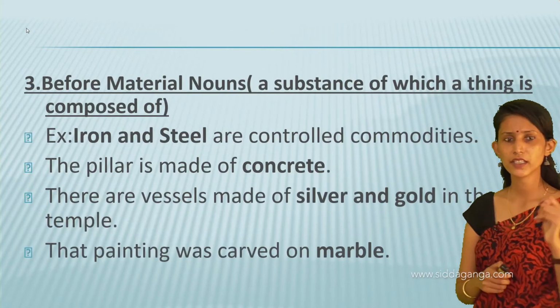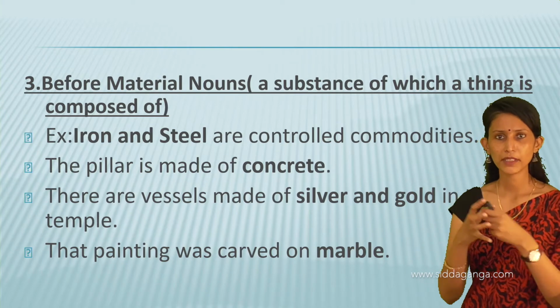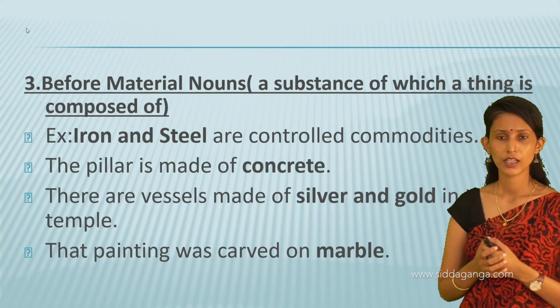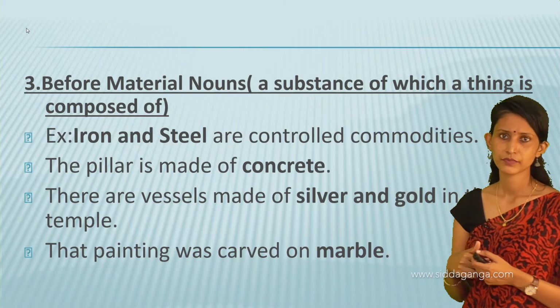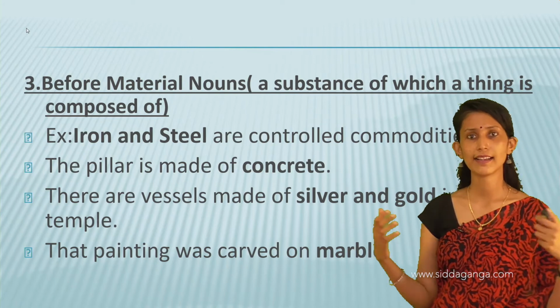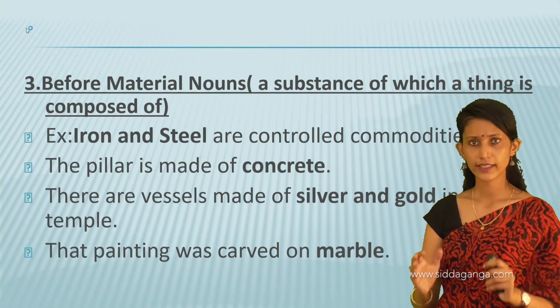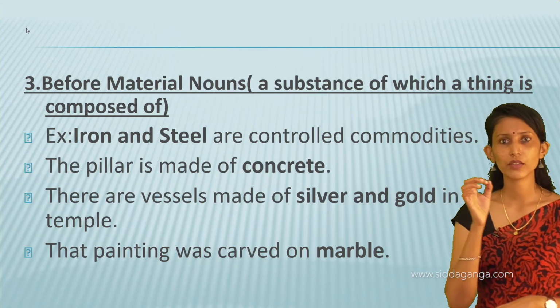Next, before material nouns. Materials is any material, whatever is mixed together and composed of. Now see, iron and steel are controlled commodities. Iron and steel. You don't say the iron and steel, a iron and steel, an iron and steel. No. Iron and steel on its own stands alone. The pillar is made of concrete.